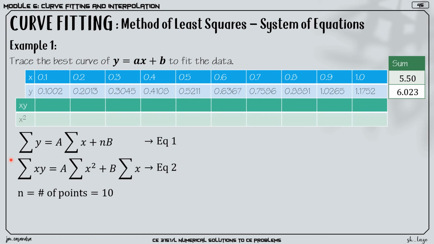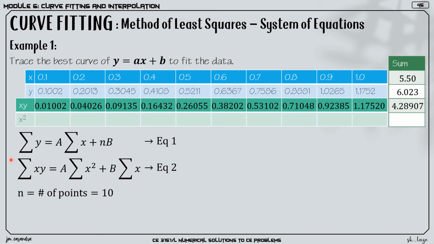So we'll have now xy is equal to 0.01002 when x is equal to 0.1. Then we have 0.04026 when x is equal to 0.2, 0.09135, 0.16432, 0.26055, 0.38202, 0.53102, 0.71048, 0.9235, and 1.17520, giving us a total of xy, which is equal now to 4.28907.